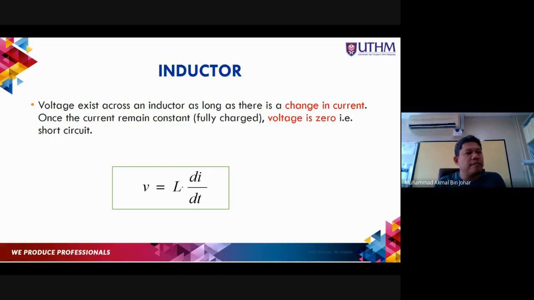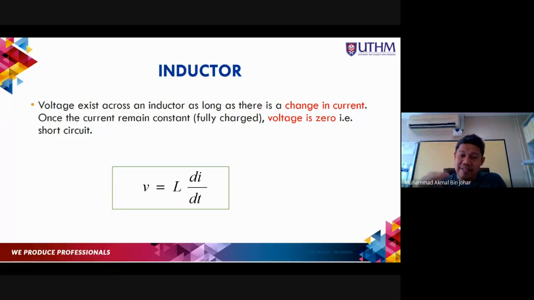To determine the voltage across an inductor, we can say that V is equal to L times di over dt, which relates to the change of current with respect to time. Like capacitors, inductors change over time.